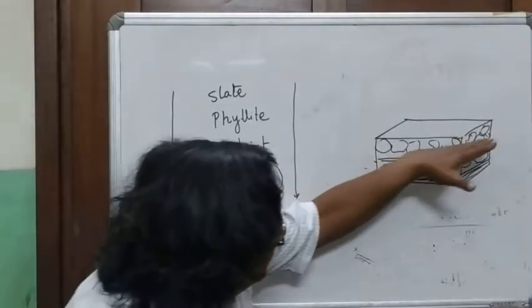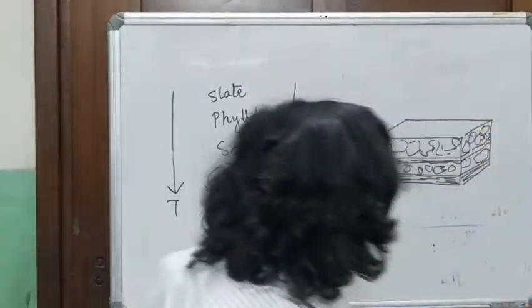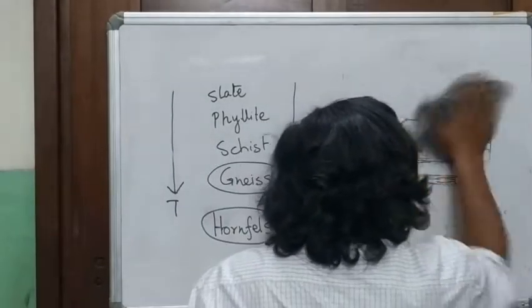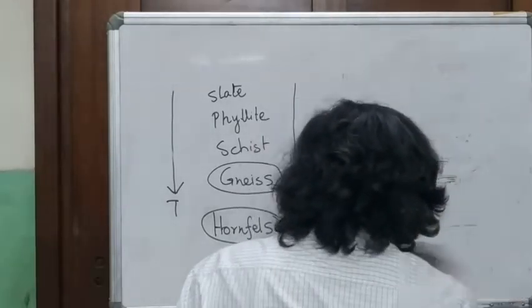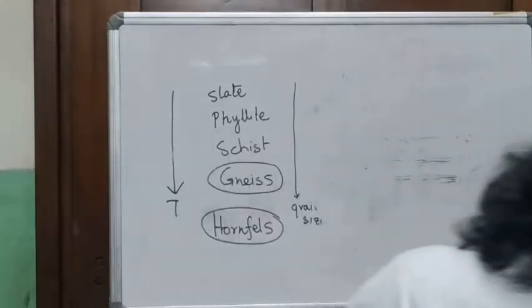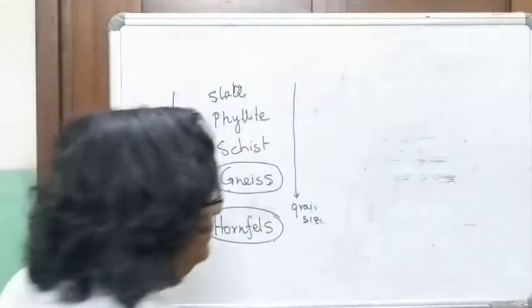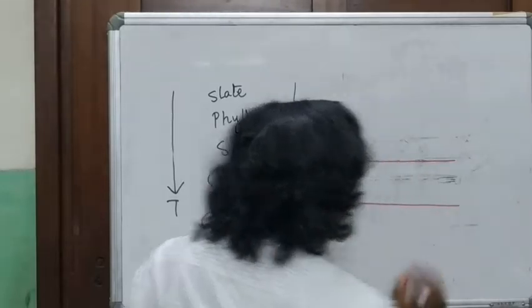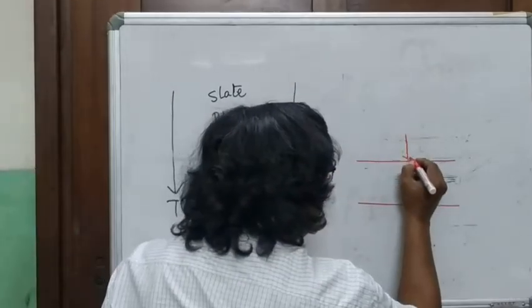So these are parallel alignments. Now, why does the alignment happen? Let me tell you that. Let's say you have a wall like this where you generate a shortening direction.